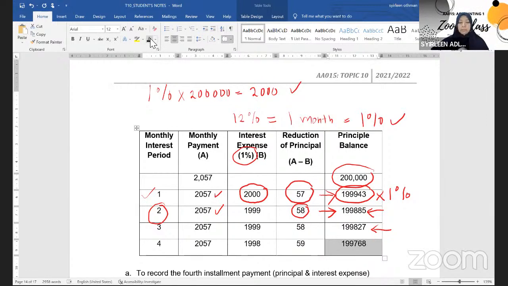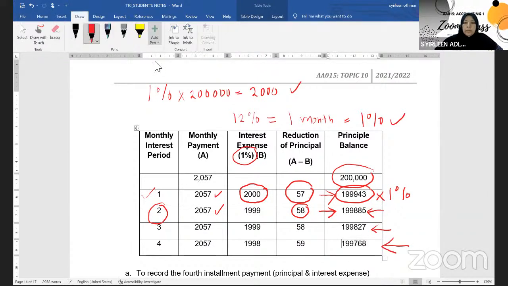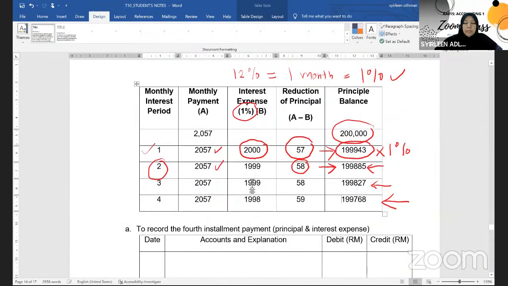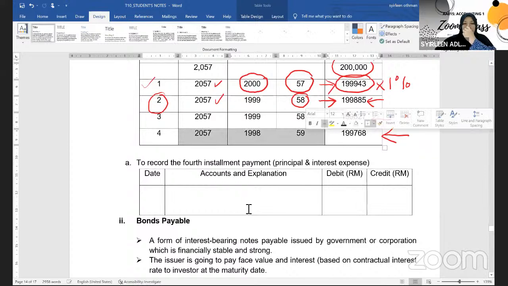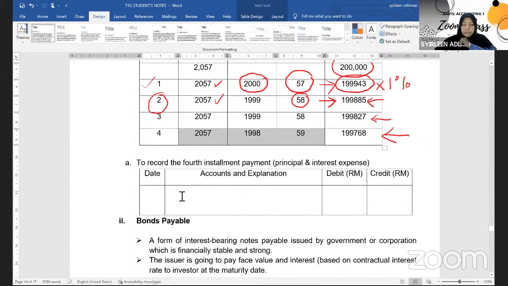Okay, so the balance towards the end of the fourth month is RM199,768. So the question requires you to catat nilai ini. Okay, so my journal will be, what do I need to record for this particular transaction? So I am paying RM2,057, okay, from my bank.